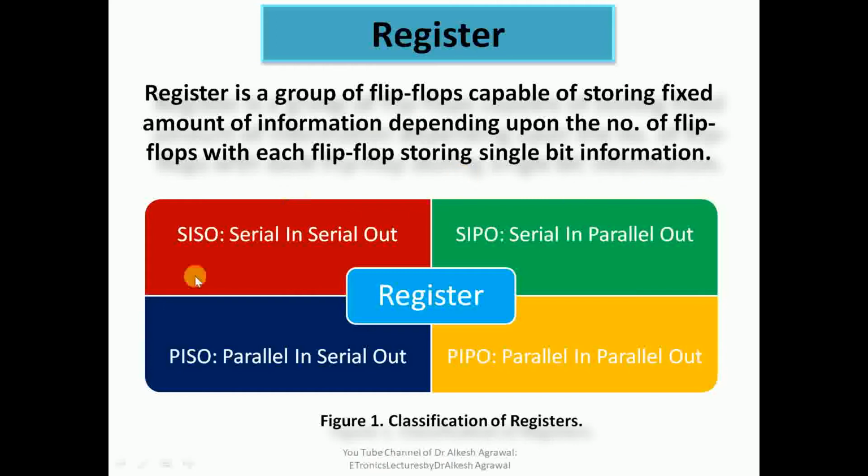If you see this diagram, we have a classification of registers. The first is serial in, serial out, abbreviated as SISO. Then we have serial in, parallel out, abbreviated as SIPO. Then parallel in, serial out, abbreviated as PISO, and parallel in, parallel out, abbreviated as PIPO.